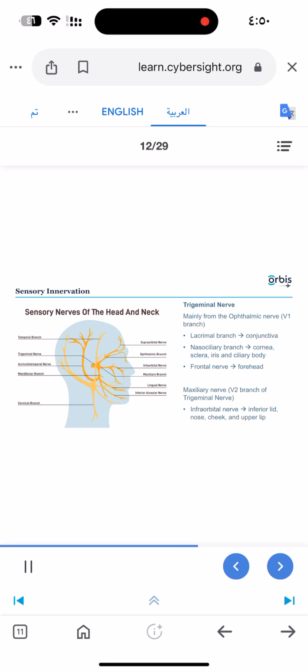In addition, the maxillary branch, via the infraorbital nerve, supplies the inferior lid, nose, cheek, and upper lid. Finally, the optic nerve, which supplies vision, but not direct pain innervation.